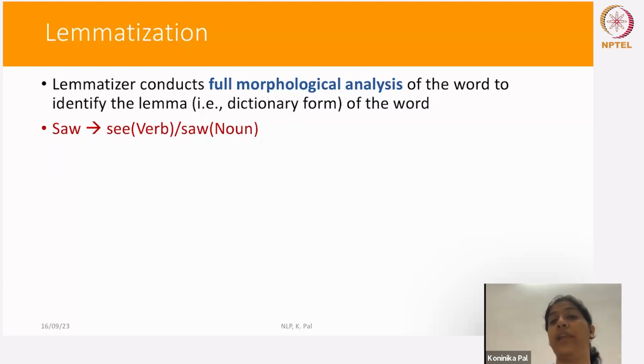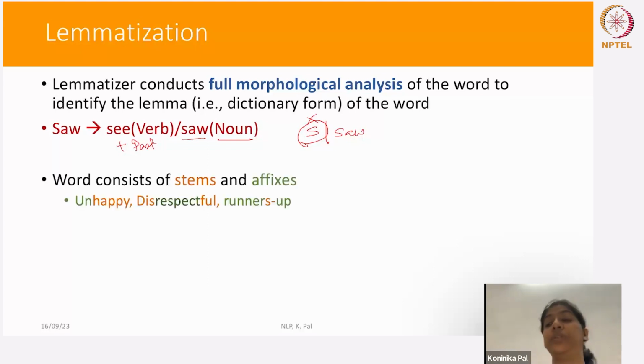Here, "saw" can be the root form "see" as a verb in the past tense. On the other hand, it can be the root word "saw" as a noun. Both can happen, and we can only do that with morphological analysis. If we use stemming, it will lead to either "s" or "saw". Now this does not have any meaning at all, right?